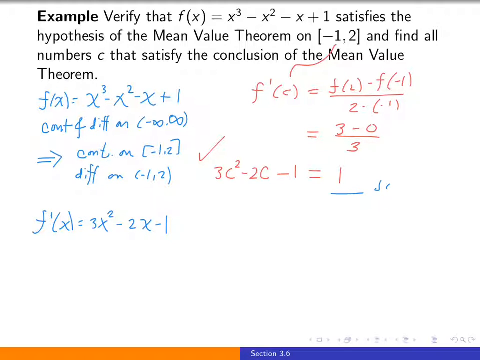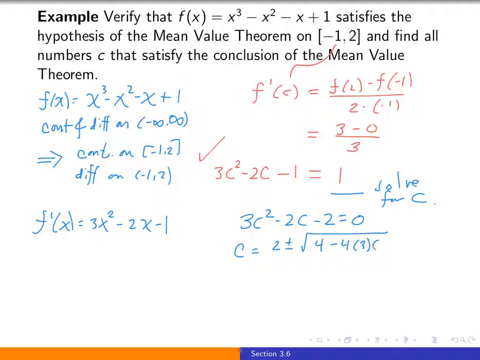So once again, we need to solve for c. So how about we subtract 1 from both sides? So 3c squared minus 2c minus 2 equals 0. And we have a quadratic equation. It doesn't appear to factor nicely, so we should use our quadratic formula. So c is equal to minus a minus 2 plus or minus the square root of 2 squared minus 4 times 3 times minus 2, all divided by 6. And this is going to simplify a bit.